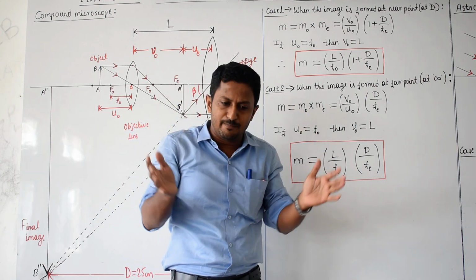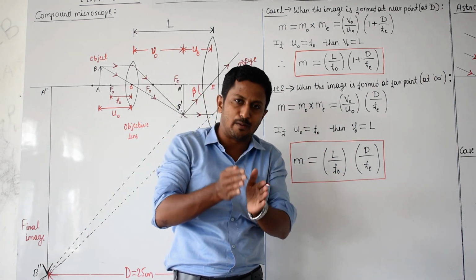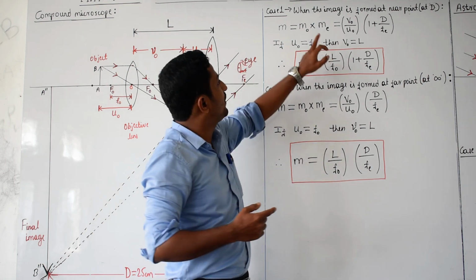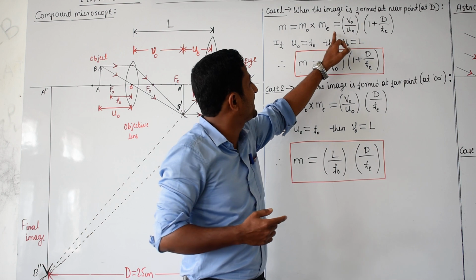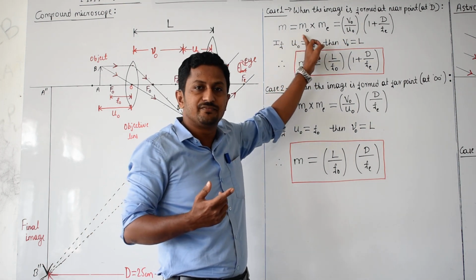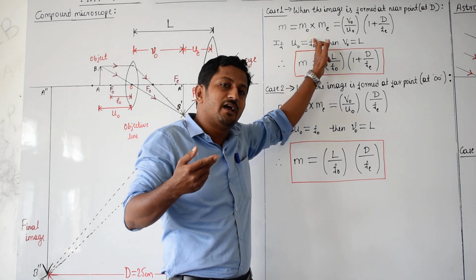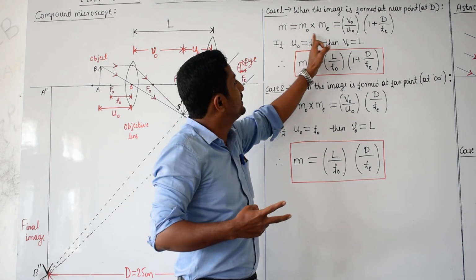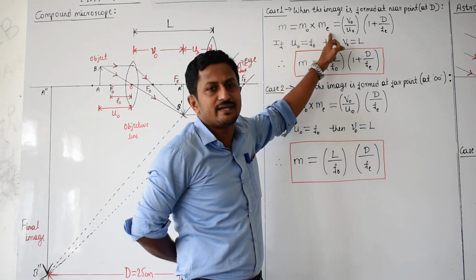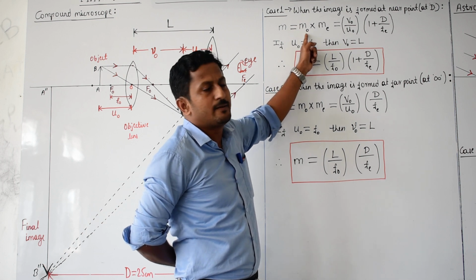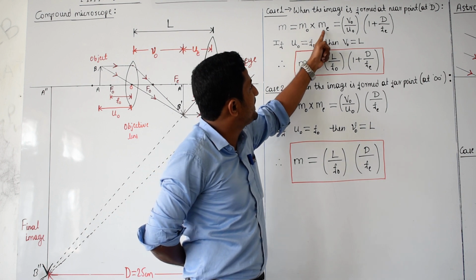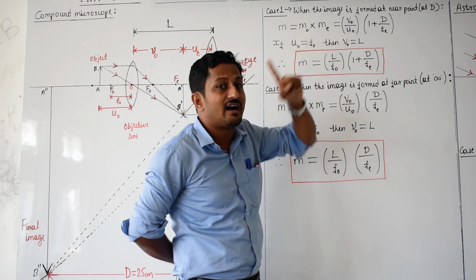Here the total magnification of this compound microscope is the product of the magnification of the objective lens and the magnification of the eye lens. To get the total magnification, we have to multiply those two individual magnifications. M is equal to MO into ME. MO means the magnification of the objective lens, into ME, the magnification of the eye lens.